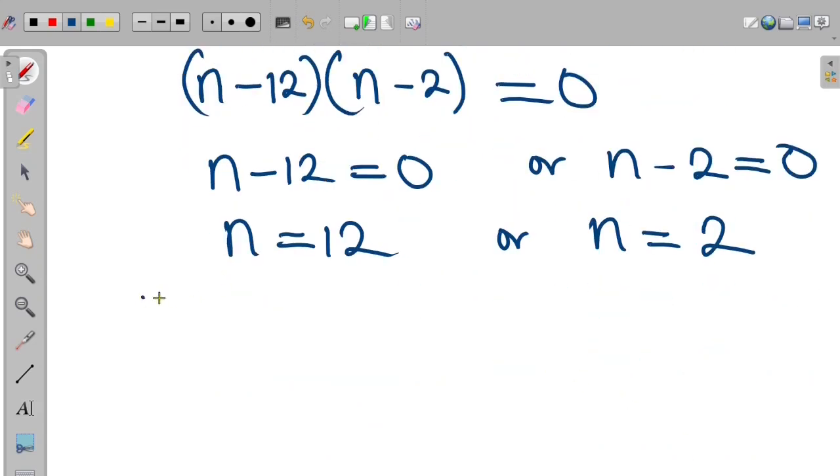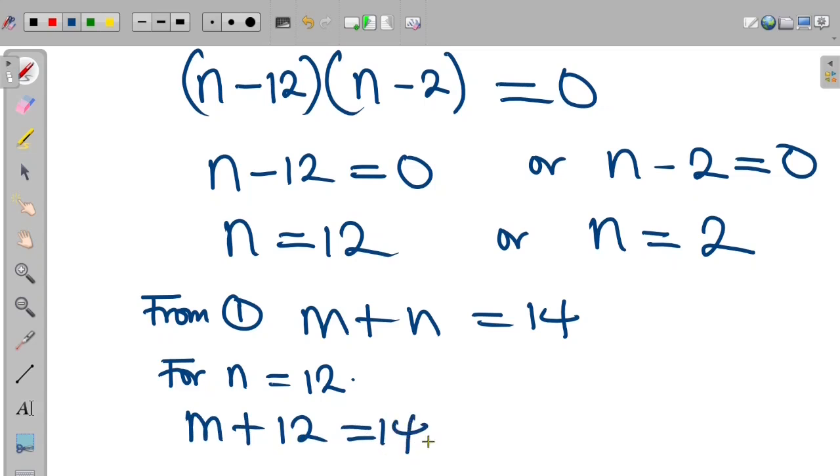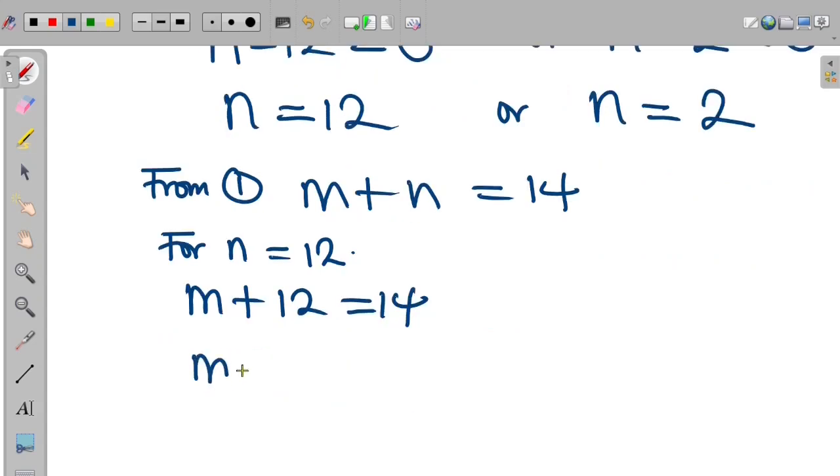So from equation 1, we have that m plus n is equal to 14. So for n equal to 12, we have that m plus 12 is equal to 14. So m is equal to 14 minus 12. m is equal to 2.